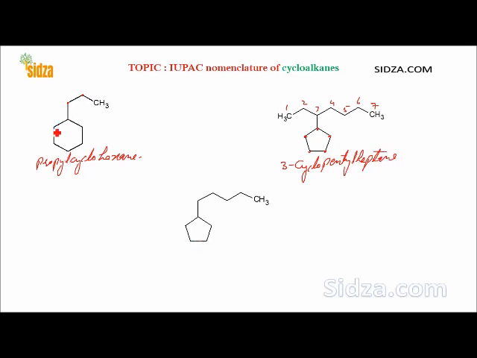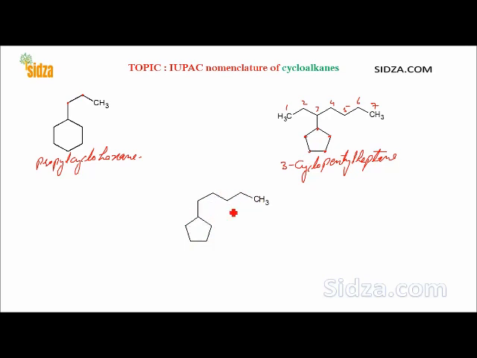In this one we have a smaller number of carbon atoms, right? Here in this molecule we have got 5 carbon atoms, 1 2 3 4 5, and here also 1 2 3 4 5. Okay, if the number of carbon atoms in the ring is equal or less than the number of carbon atoms in the chain, in the alkyl group, then we take this alkyl group only as a substituent group. So here for this molecule we find there are 5 carbon atoms in the ring and 5 are here, right?